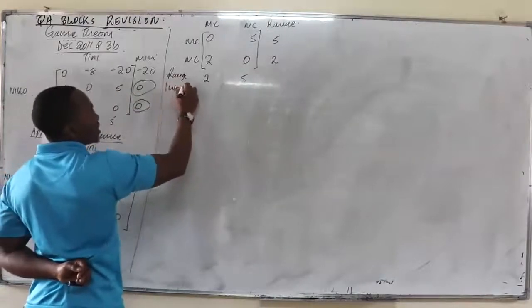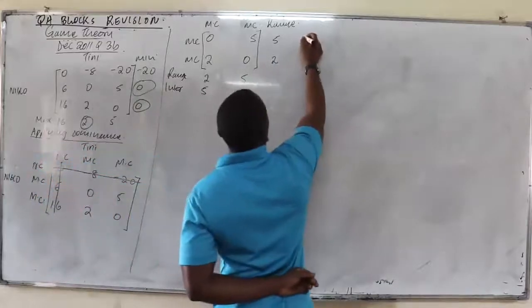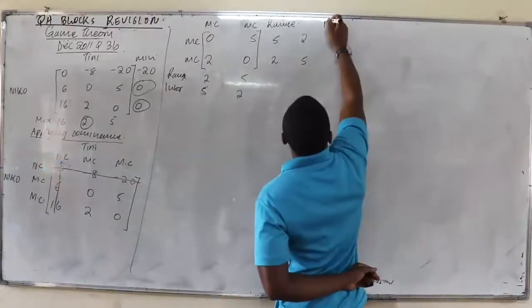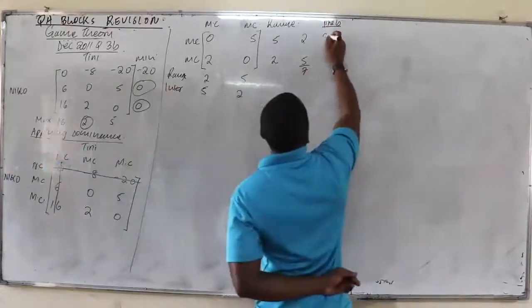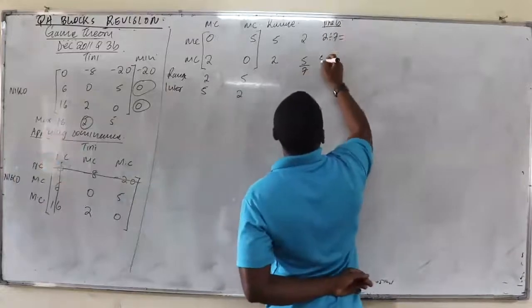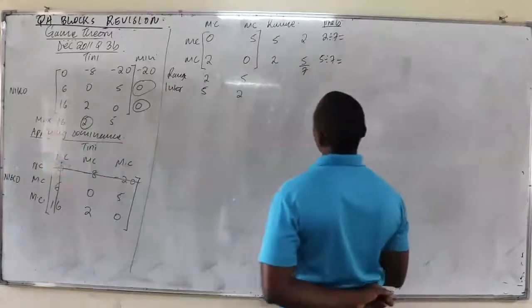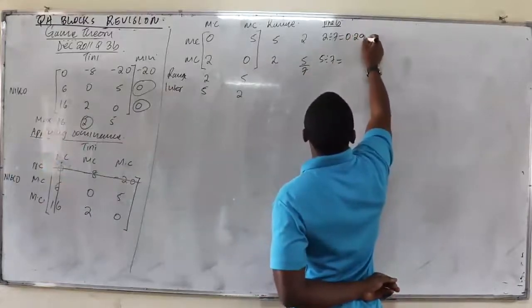Then you interchange. 5, 2. Here we'll be having 2, 5. And then we get the probability. 2 plus 5, you get 7. So this one will be 2 divided by 7, 5 divided by 7. 2 divided by 7 is how much? 0.29.